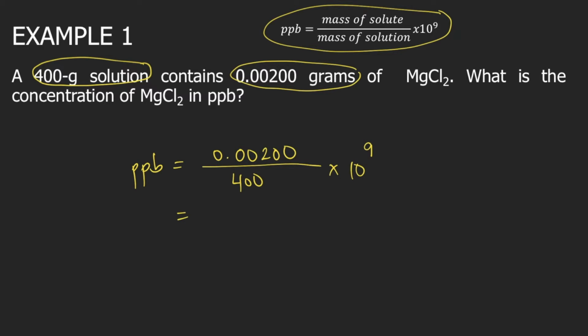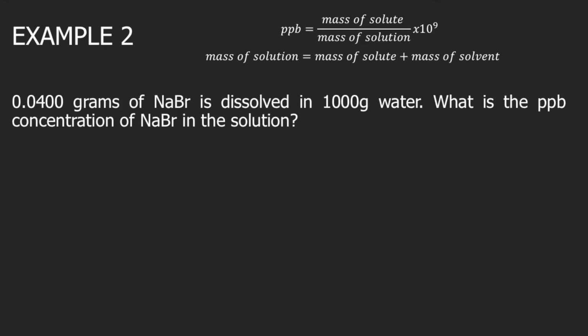So solve this in your calculator. 0.00200 divided by 400 times 10 raised to 9. This is equal to 5,000. And the unit is ppb. So this is the answer to example 1.